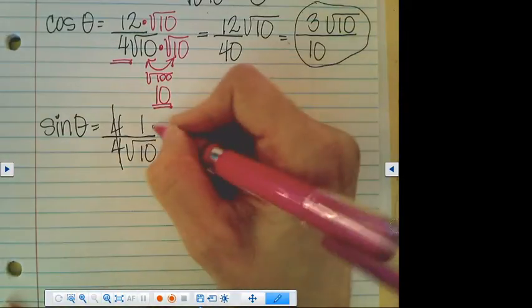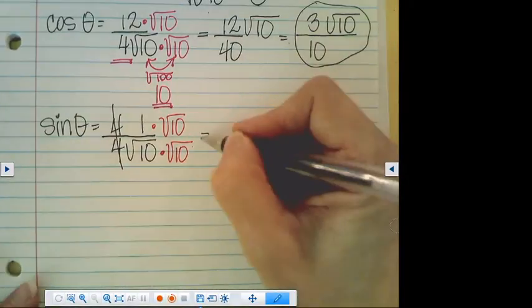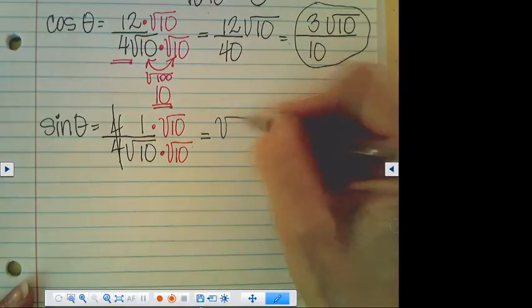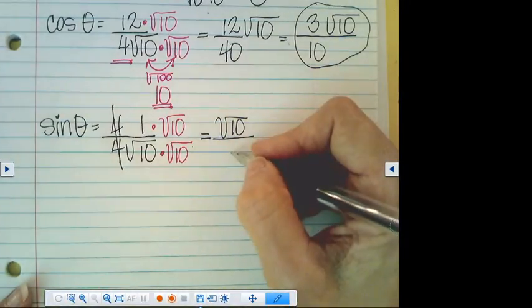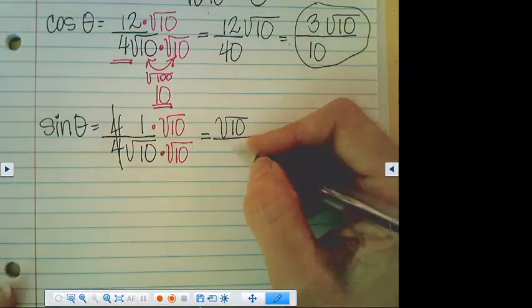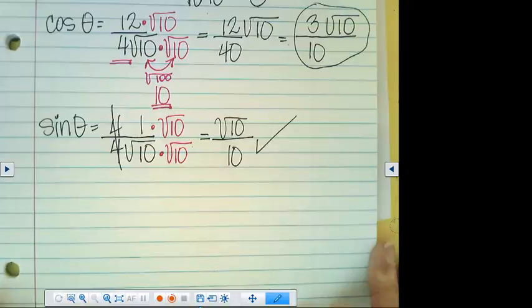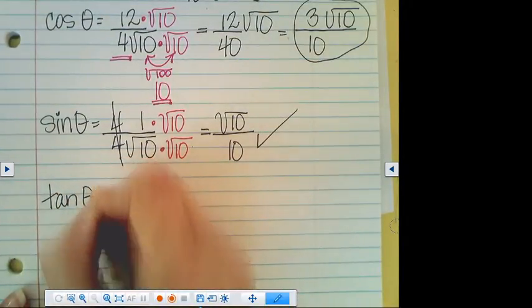Multiply top and bottom by square root of 10. What does that give us? Square root of 10 over square root of 100. But what's the square root of 100? 10. You're done. All right, tangent of theta.